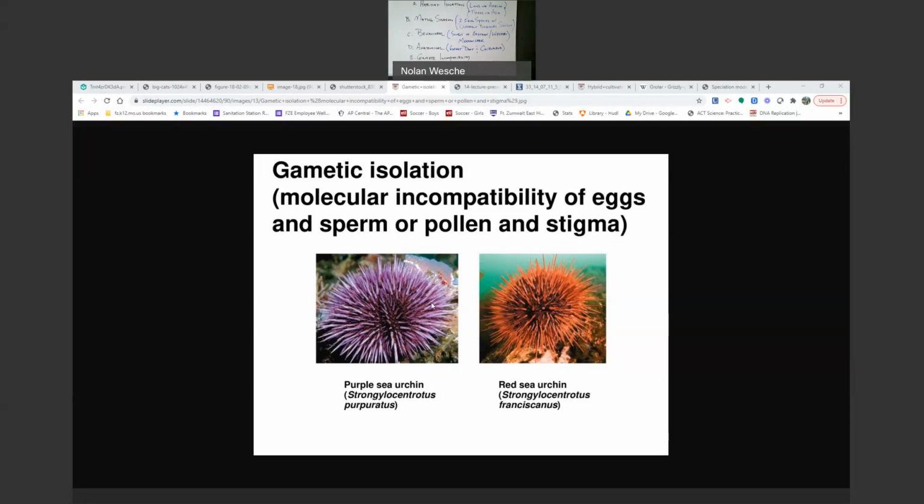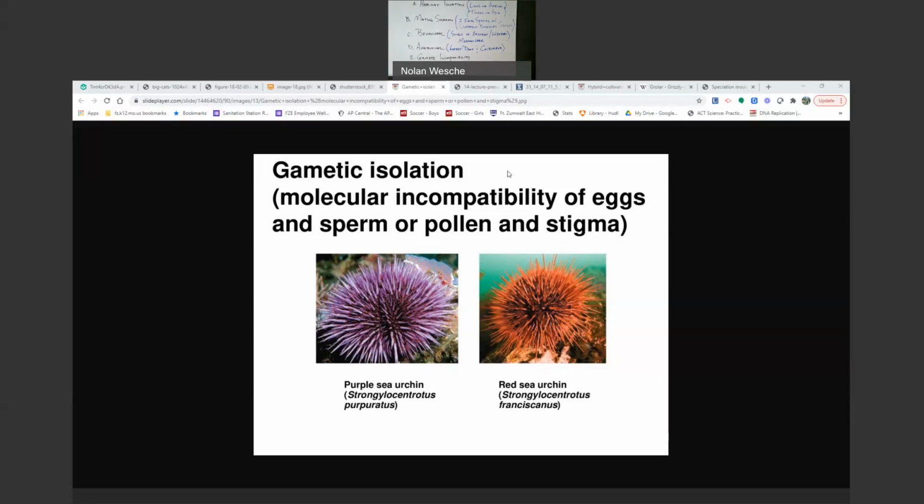So you will not get successful breeding. Same thing happens with plants and pollen when they breed. The protein receptors on the pollen are only specific to the ovule of a particular type of plant. In some cases crossbreeding can occur, but in other cases it can't.